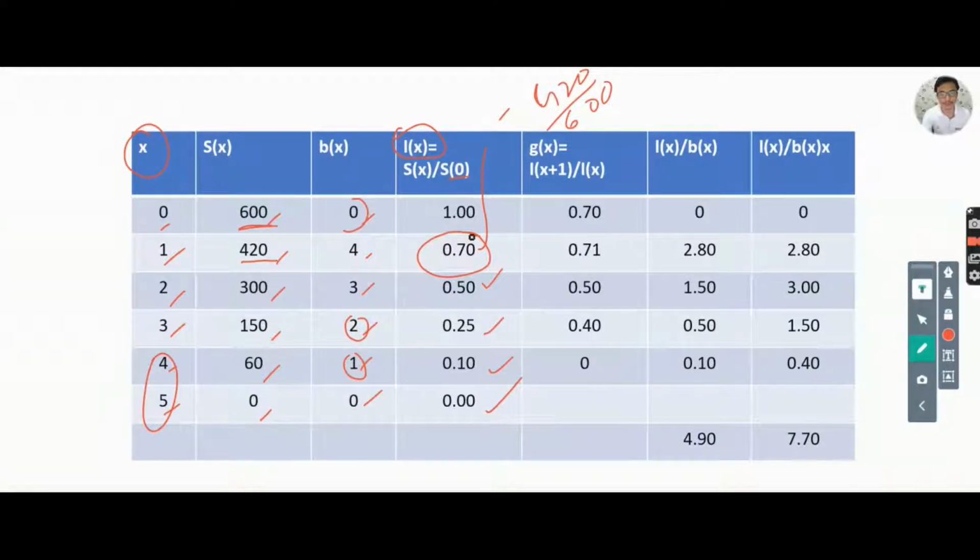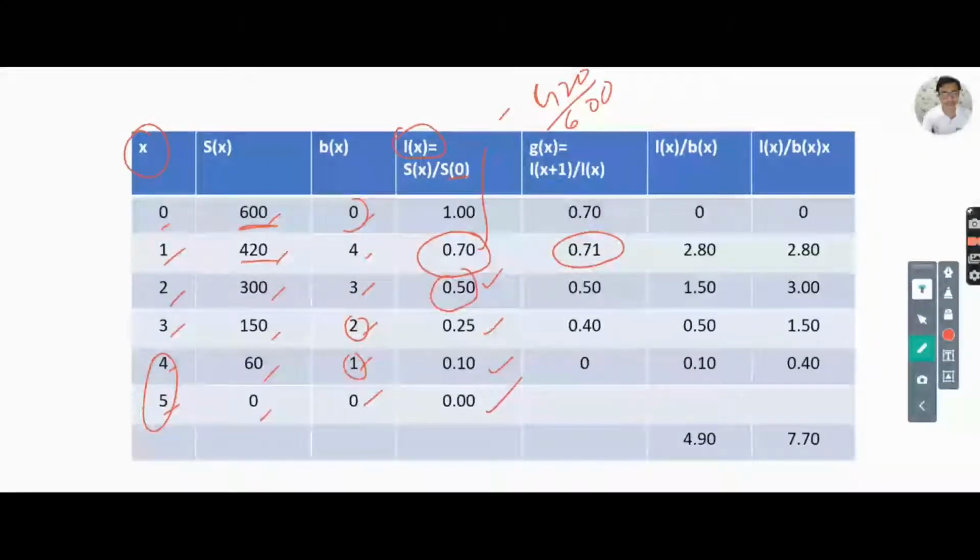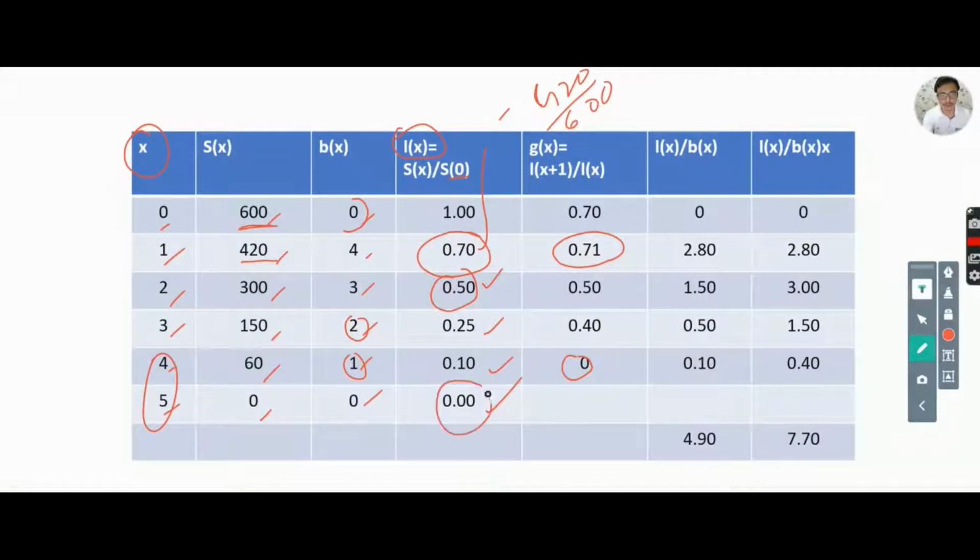Now suppose we are calculating for this column, this is Lx plus 1 by Lx. Means you can make the ratio. So definitely the last one will be 0, because Lx plus 1 is 0.